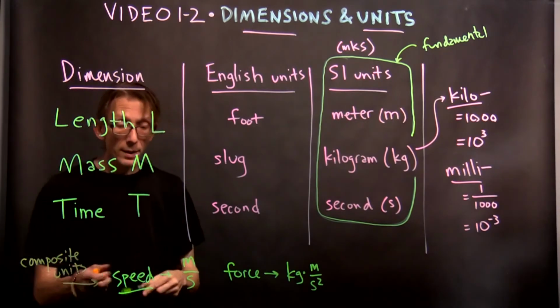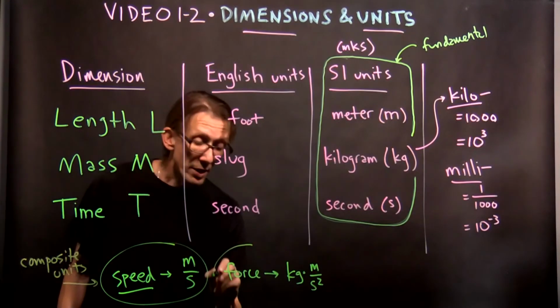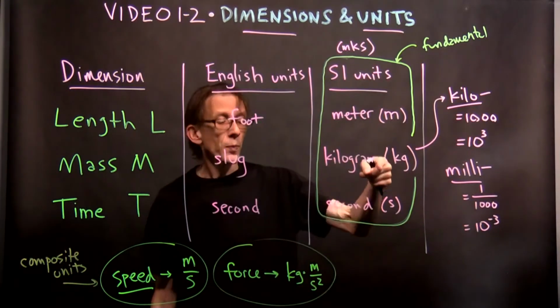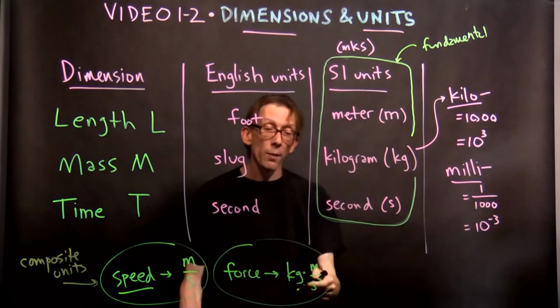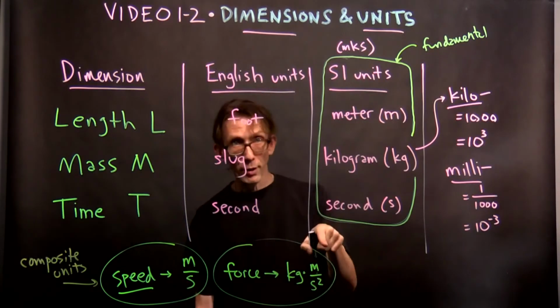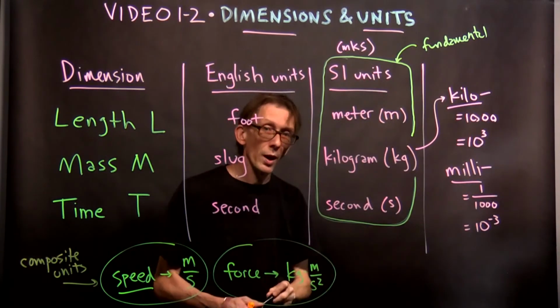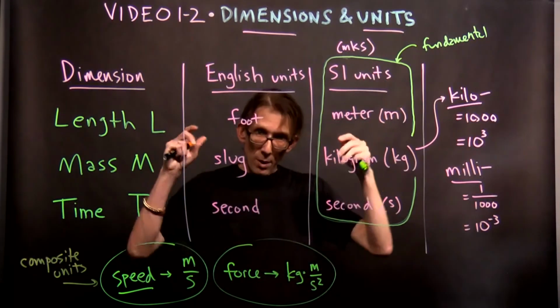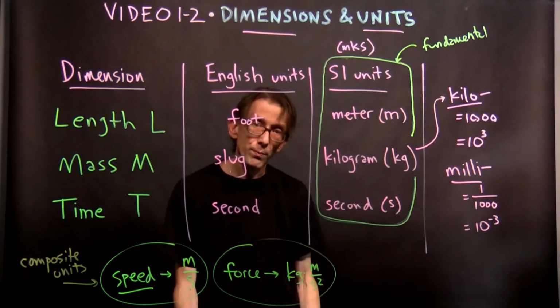For speed, it's meters per second. For force, it's kilograms times meters divided by seconds squared. It combines all three of them. And by the way, this whole combination, a kilogram times a meter divided by a second squared, is known as a Newton. Okay, so we take this complicated looking unit and just call that 1 Newton.